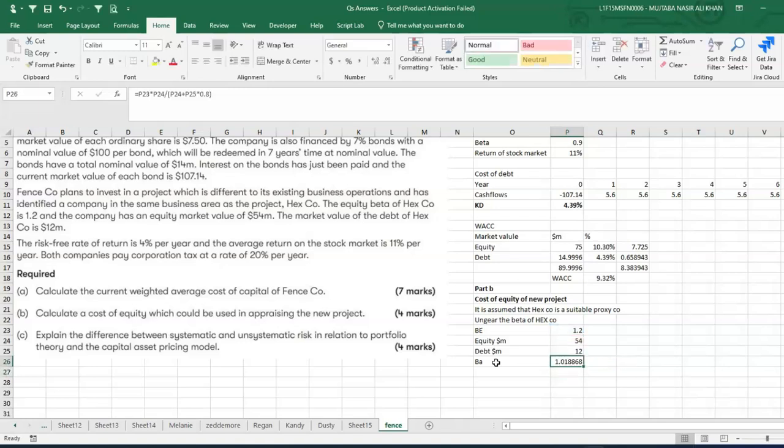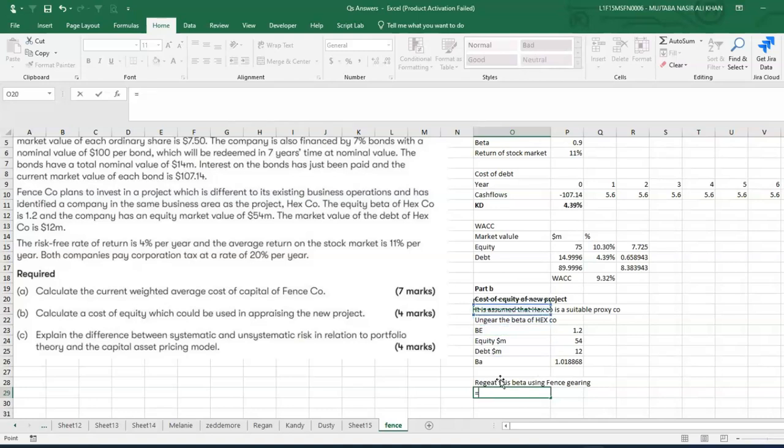This is a beta asset. Now regear this beta using Fence company gearing. And we have already calculated the Fence company gearing above. Write that.